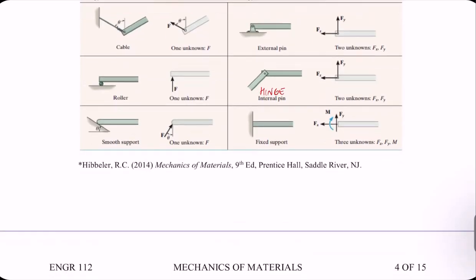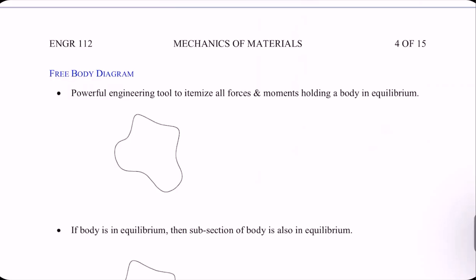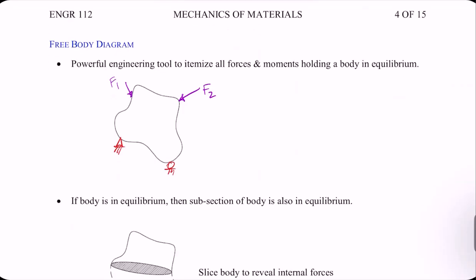We also want to make sure we feel comfortable with our free body diagrams. So if I have this potato body and I throw some supports on it with some loads, and I want to know what the reactions are or what the internal forces in the body are, then I can make a cut. We call this method of sections in statics.